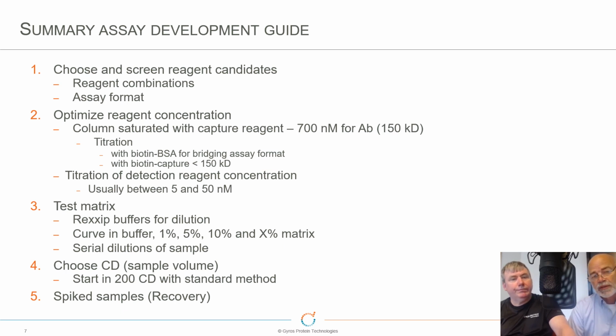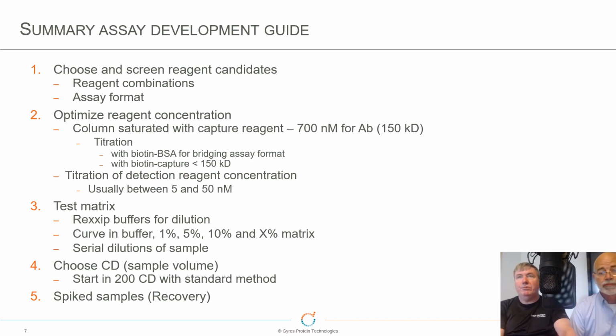And then once you've tested out your matrix and established what your MRD is, then you'd want to choose the sample CD volume. You alluded to this earlier: depending on where you need to go with the analytical range of your assay, it's a simple matter to shift from the 200 nanoliter CD to a 20 nanoliter CD if you want less sensitivity or dilute your samples less, or if you need improved sensitivity, the addition of the 1,000 or the 4,000 nanoliter CD gives you lots of options to select the right analytical range.